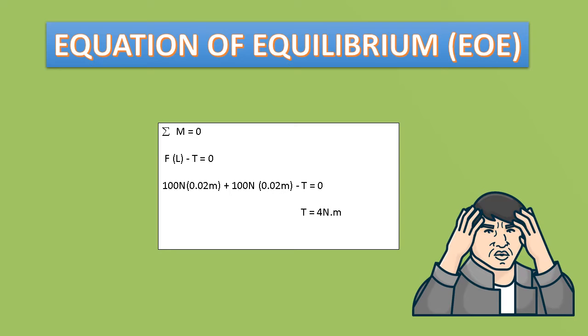After that, we insert the formula, which is force times length minus torque equals 0. Dividing the force into 2, we get 100 Newton times 0.02 meter plus 100 Newton times 0.02 meter minus T. After we calculate, we get T equal to 4 Newton meter.